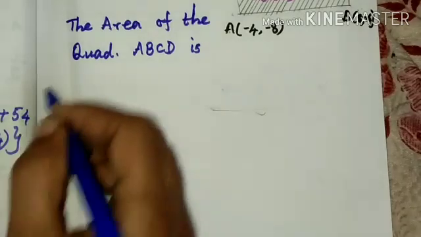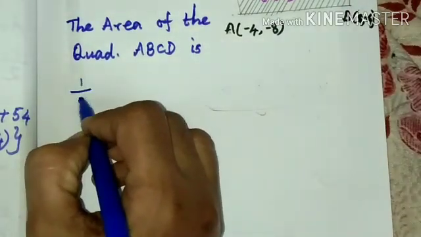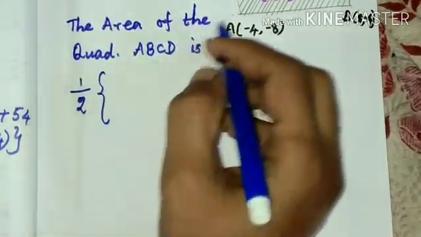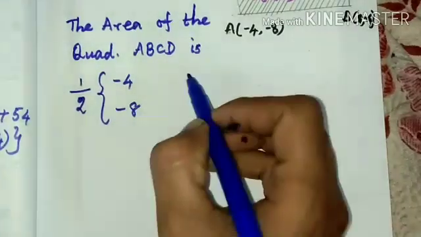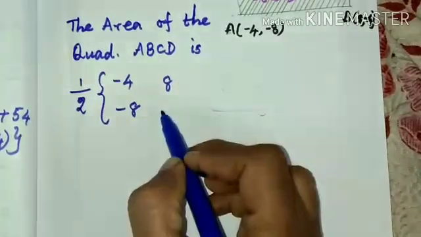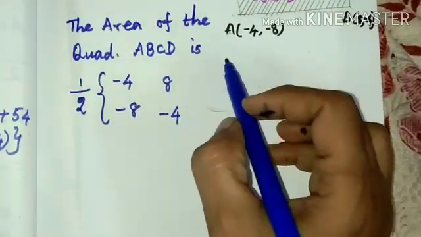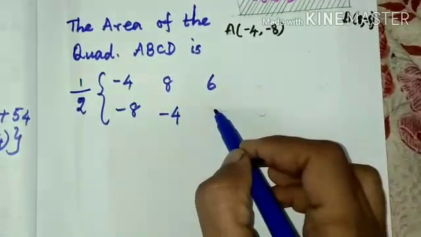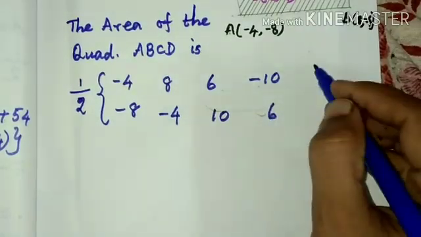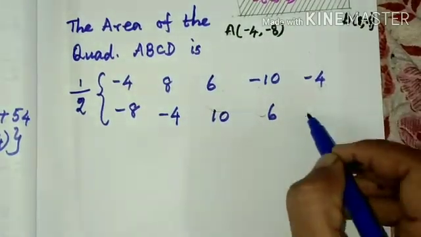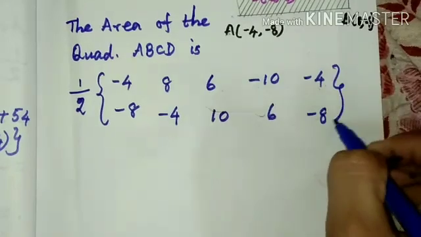Half into A(-4, -8), B(8, -4), C(6, 10), D(-10, 6), then again you write A(-4, -8).